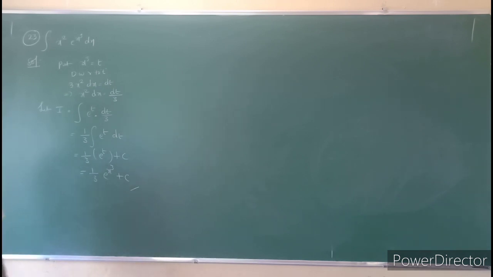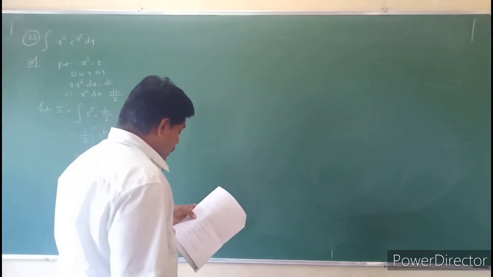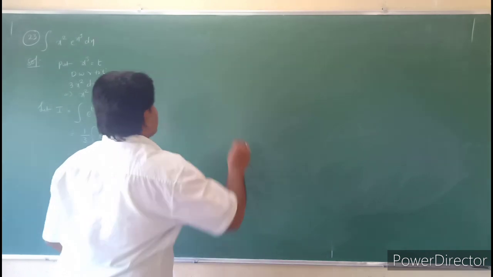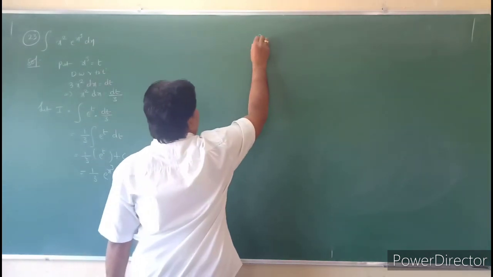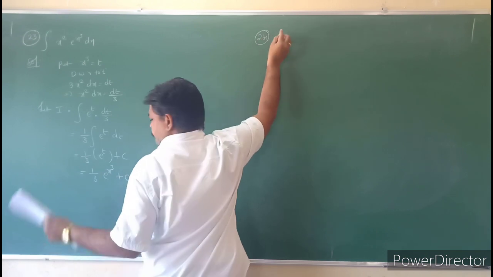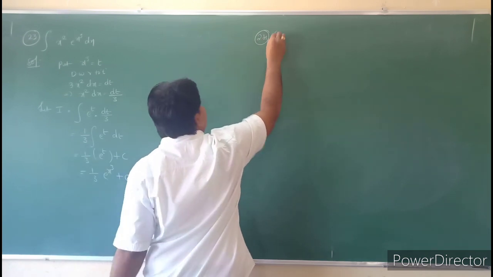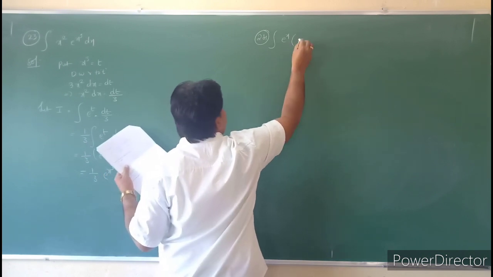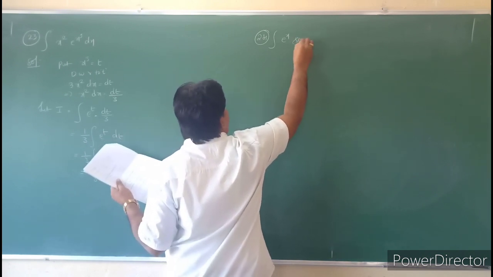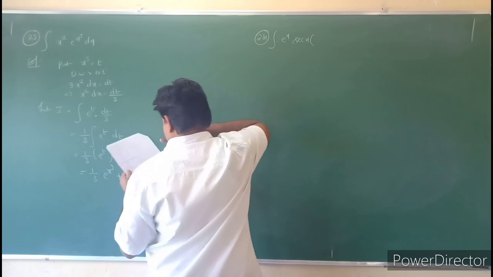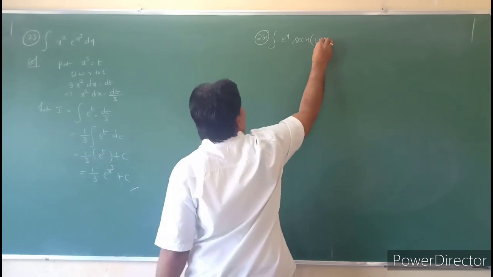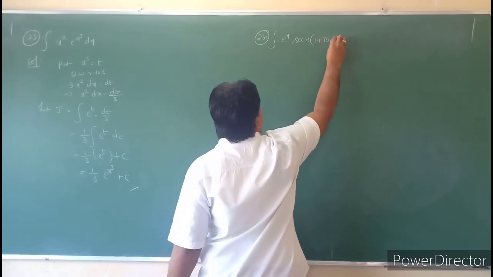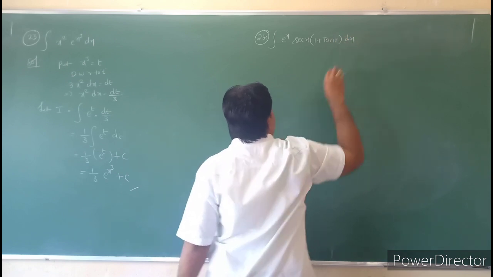Okay, so see that question, students. Next question, question number 24. What is question number 24? Integral of e power x into secant x into 1 plus tan x into dx.